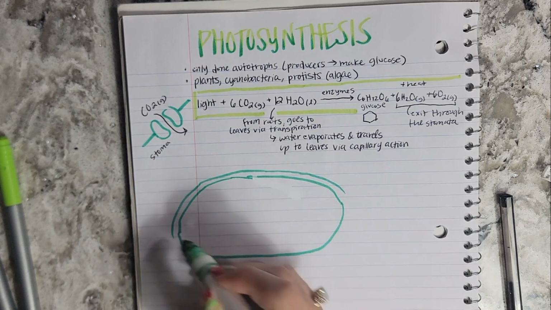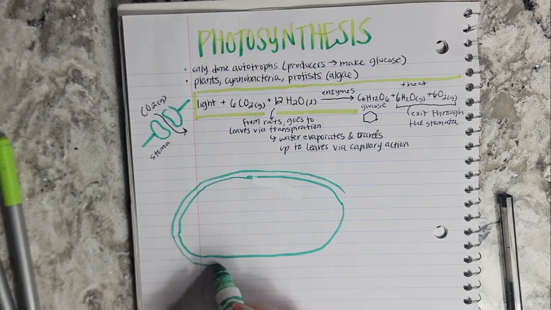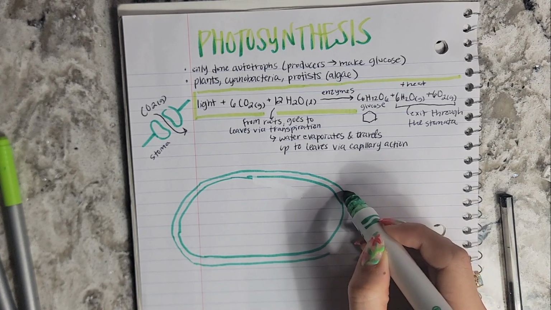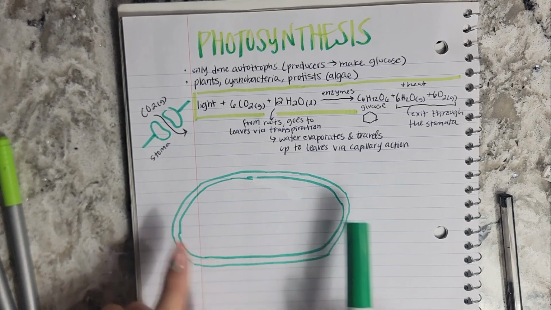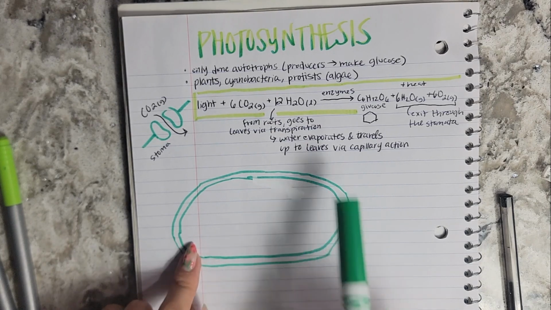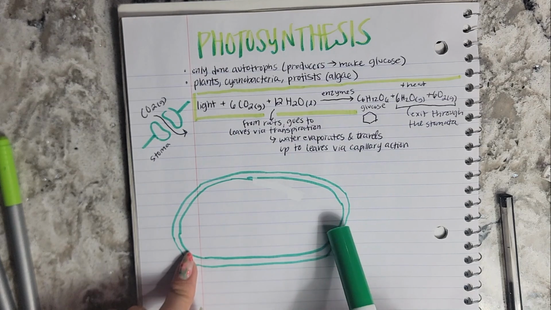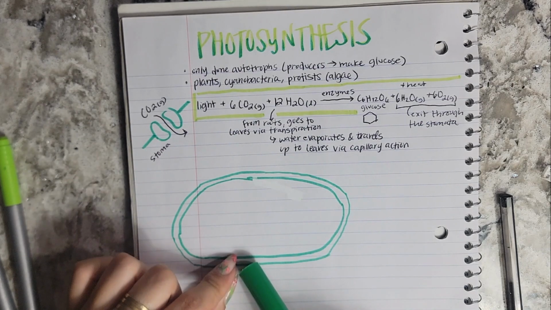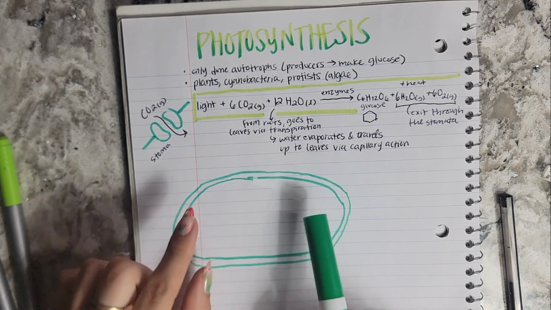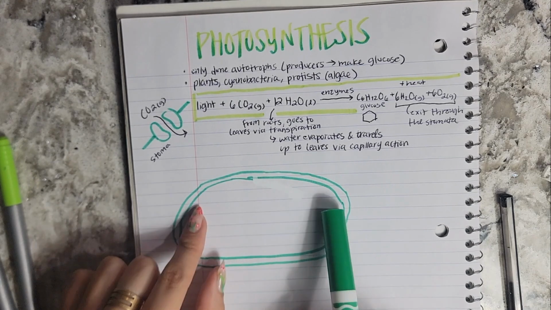If you remember our lovely endosymbiotic theory, we think now, currently, that chloroplasts evolved from a cyanobacterium. Actually, a cell enveloped a cyanobacterium that was doing photosynthesis. This is like our chloroplast in a plant cell.